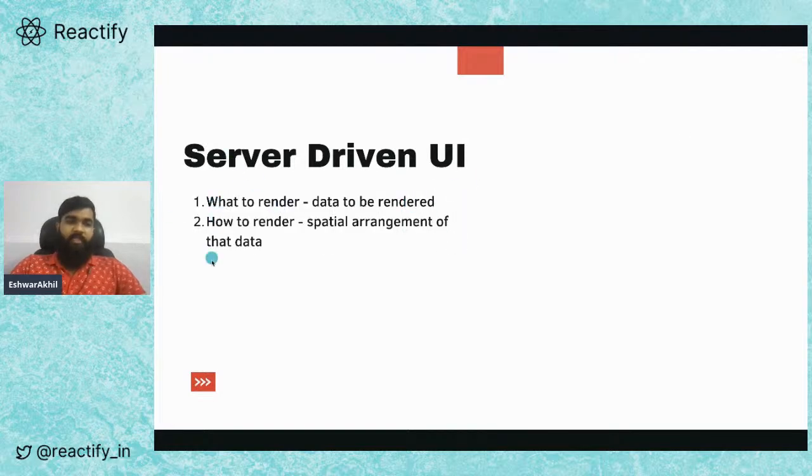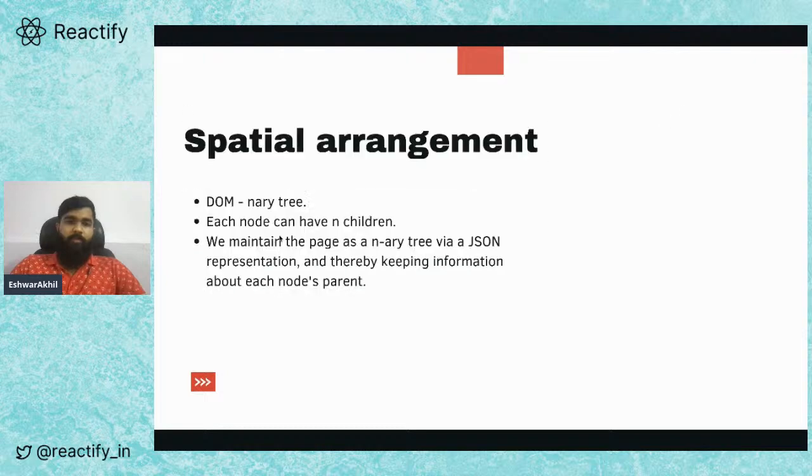It has two key aspects: what to render, which refers to the data that has to be rendered, and how to render, which refers to the spatial arrangement of the data. By spatial arrangement, we all know that the DOM is an N-ary tree, right? Wherein each node can have some children, and in turn the child can act as a parent for some other children, and so on and so forth.